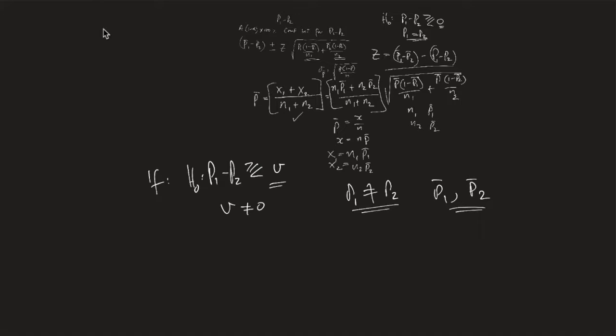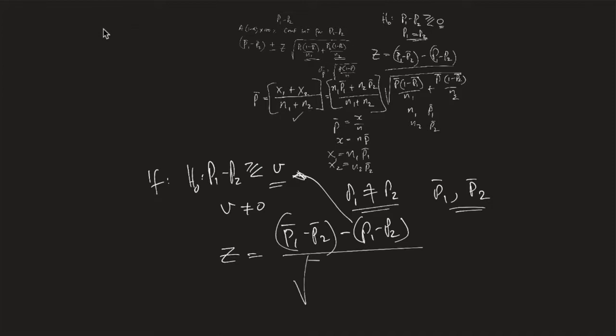So in that case, we would end up having a test statistic that looks like this. P bar 1 minus P bar 2 minus P1 minus P2. And that P1 minus P2 will get its value up here, right? That V, whatever that value is. And then, of course, we will use the individual sample proportions.